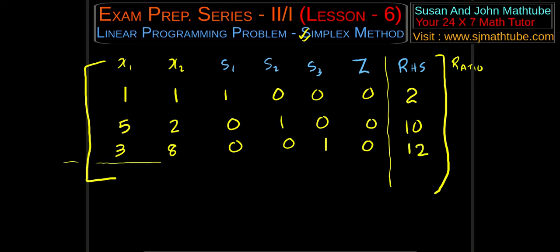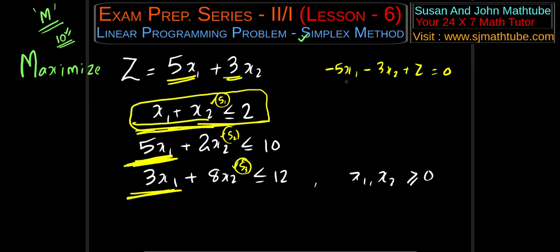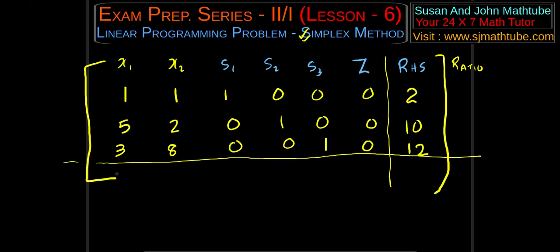So now let's put the divider. Minus 5, minus 3. Can you write that? Minus 5, minus 3, 0, 0, 0, 1, and 0. Okay, so what's the first thing to do? Find the most negative thing.